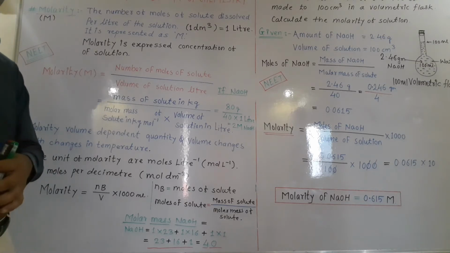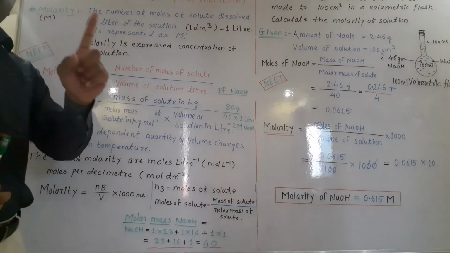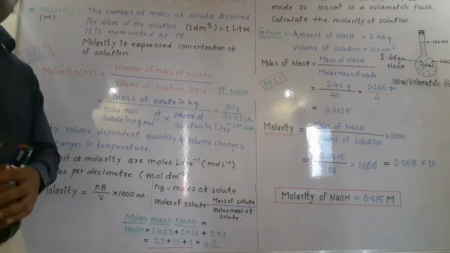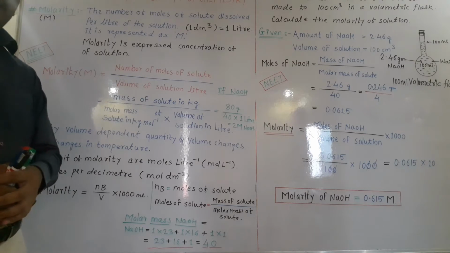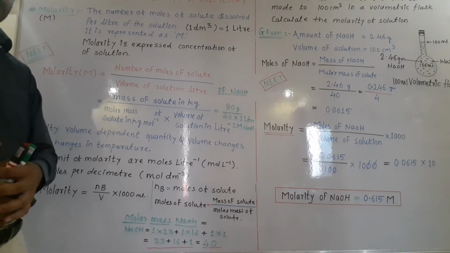This is the value of 1 mole, and it is also known as Avogadro's number.